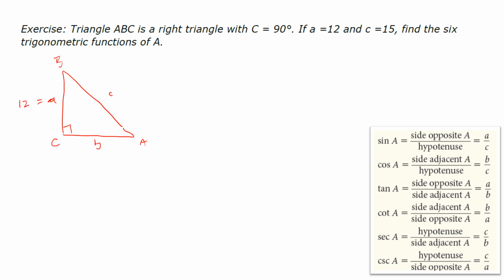We know C equals 15, and we need to find the 6 trigonometric functions, so all 6 of the trigonometric functions. But before we do that, we need to find the length of side B. So we'll use the Pythagorean theorem to help us do that.